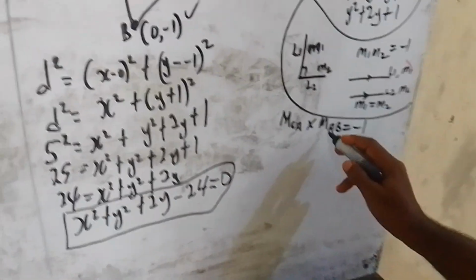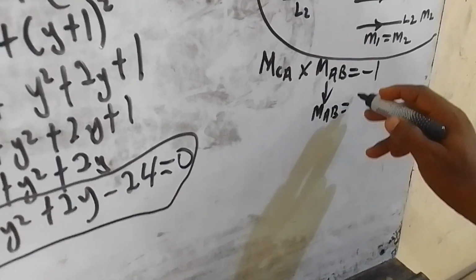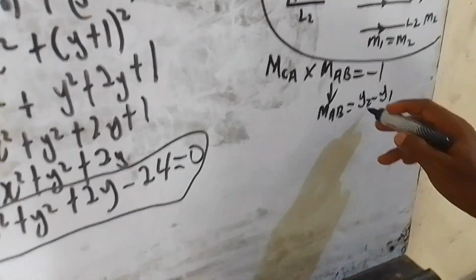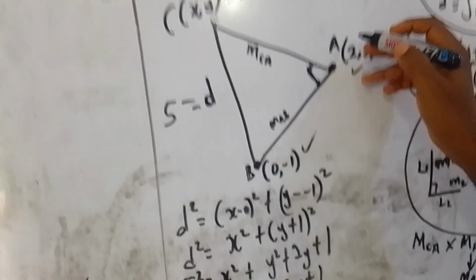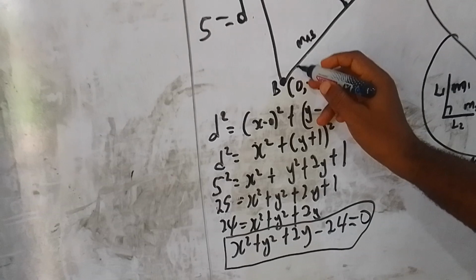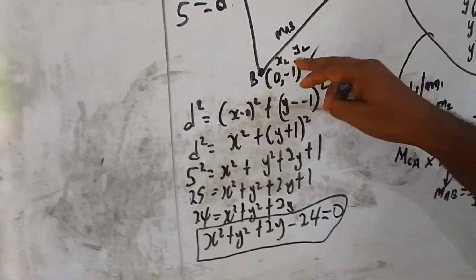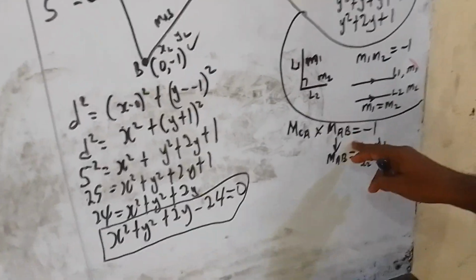From the definition of a gradient, gradient AB is y2 minus y1 over x2 minus x1. So in this case, if I take this one as my x1, y1, and this place as my x2, y2, I can substitute these values in this relationship for the gradient, MAB.